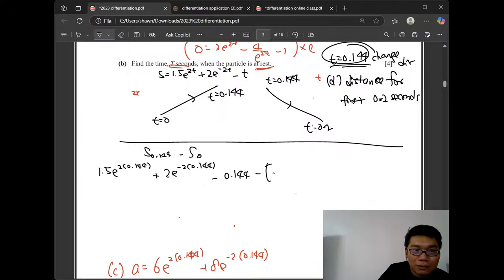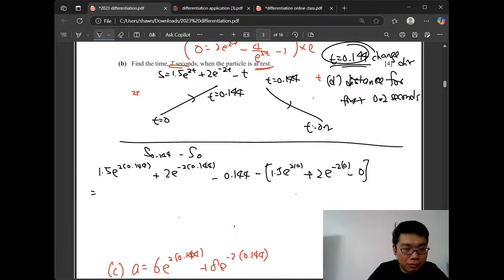Minus this 1.5e^(2 times 0) plus 2e^(-2(0)), minus 0, right? Then you can key in the calculator.